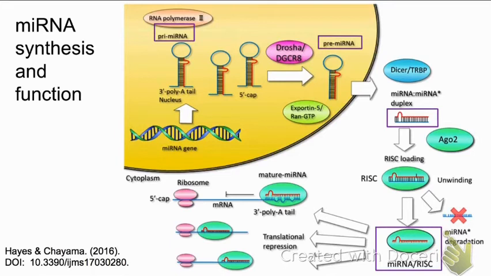However, RISC can induce the degradation of the mRNA in cases where the microRNA, or more likely the siRNA, is base pairing perfectly with the 3' untranslated region of the mRNA. In these cases, RISC can induce deadenylation of the mRNA. In other words, it can remove the poly A tail.